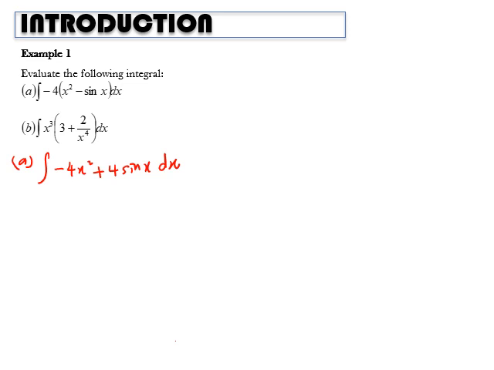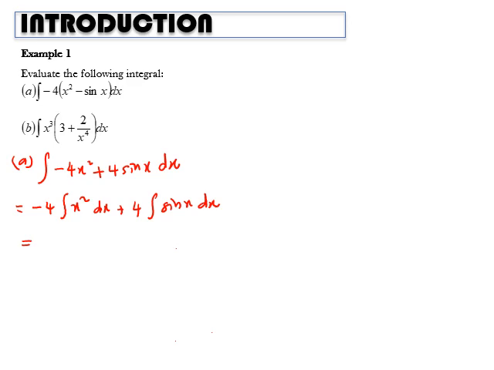Now it's up to you whether you want to separate. Okay, I want to separate it. Negative 4 integrate x squared dx plus 4 integrate sin x dx. Sorry, I always forget the dx. The dx is important, okay, because it completes the term.